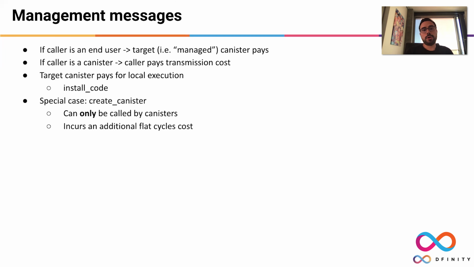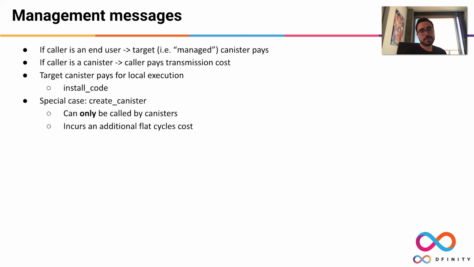The target canister will always pay for local execution, again, similar to what we've seen so far. A prominent example here is install code, where typically users will define a pre-upgrade or post-upgrade hook to store things to stable memory and then restore them, or to initialize their canister when they first install it.